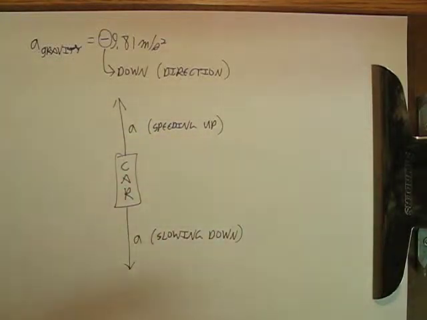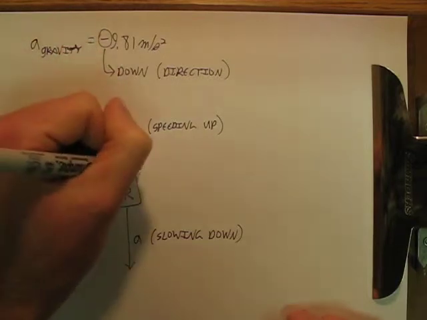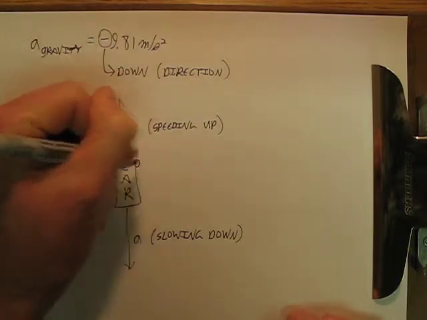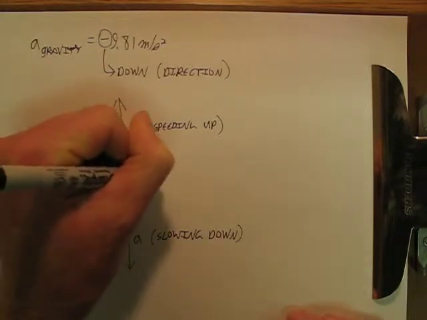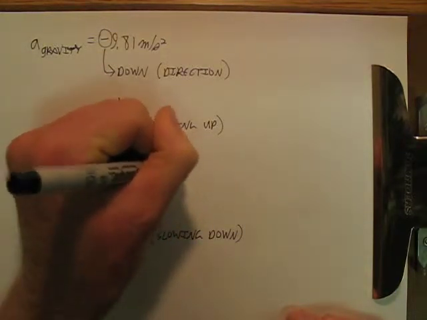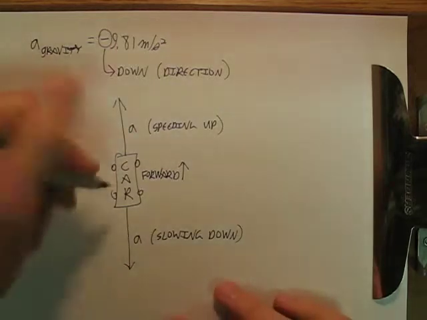We'll forget that, okay, my car doesn't have a reverse gear in it. My car only goes forward. So if I'm accelerating in the forward direction, I'm speeding up. If I'm accelerating in the backwards direction, it means that I'm slowing down.